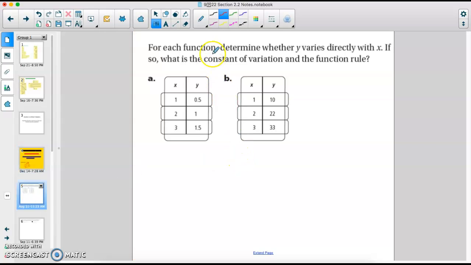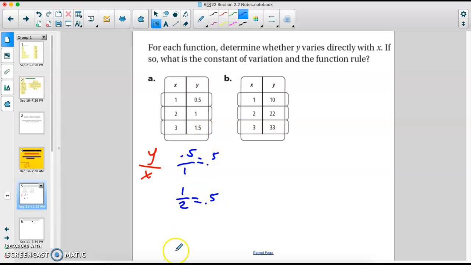Okay, so for each function, determine whether y varies directly with x, and if so, what is the constant of variation? And so really, what we need to do here is just do y divided by x and see if we are getting the same number each time. So our first case, we have 0.5 divided by 1, which is 0.5. Then we have 1 divided by 2. Remember, we're doing y over x, so 1 divided by 2, and that's also, if we go decimal, 0.5.